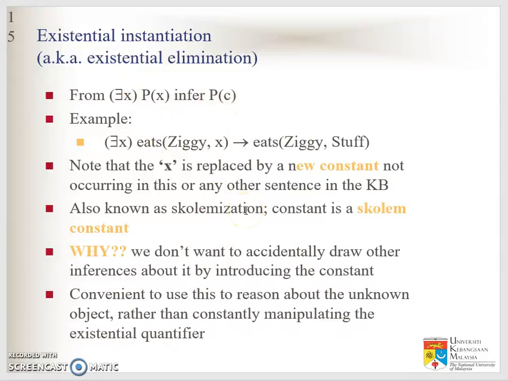If you have this, you can easily add anything into the things that Ziggy eats. So it is convenient to use, to reason about the unknown object, rather than constantly manipulating the existential quantifier.